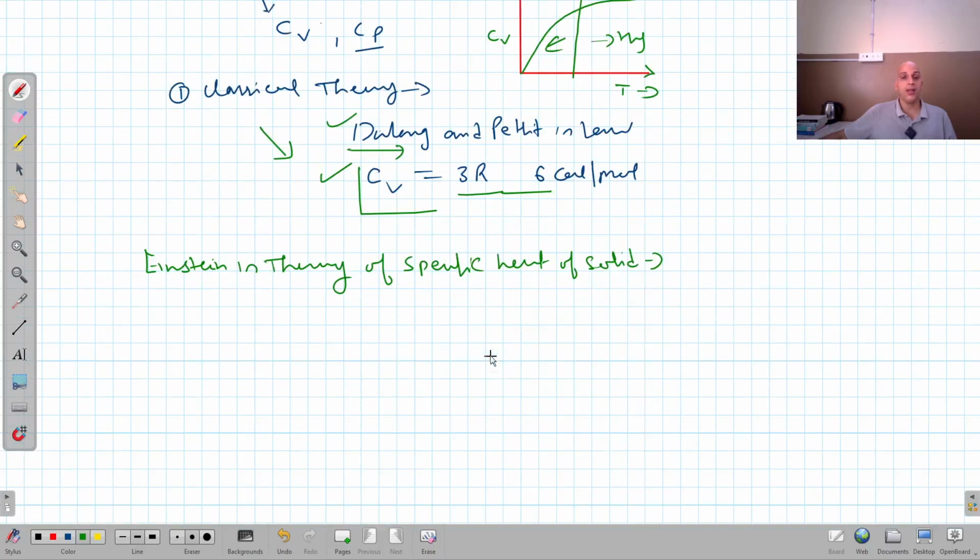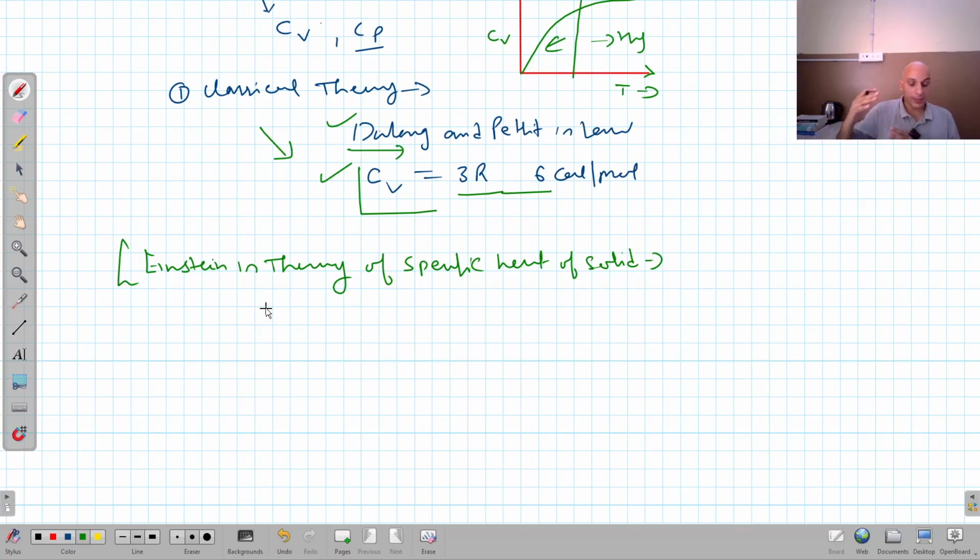So according to Albert Einstein, all the atoms inside the crystal lattice or solid behave like independent oscillators. If they behave like independent oscillators, they can emit and absorb energy as per the rules of a harmonic oscillator.